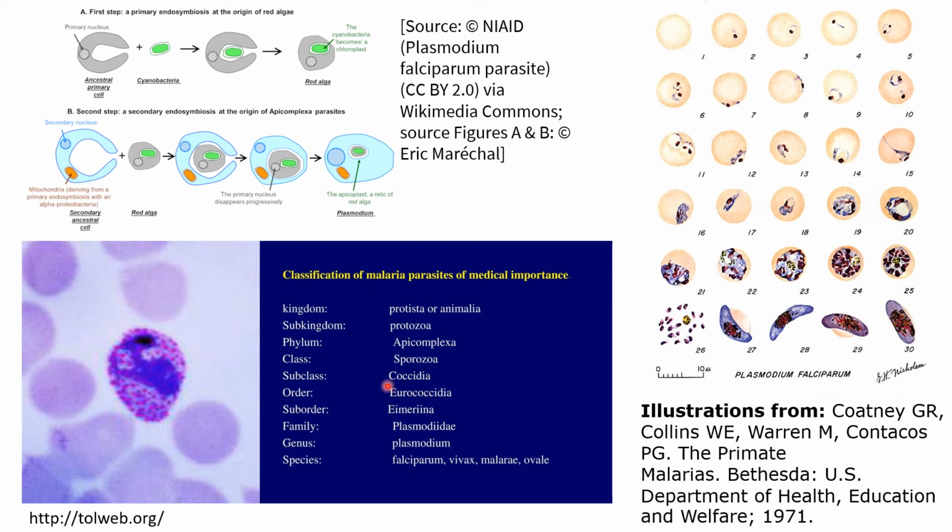Okay, so ano bang mga kailangan niyong malaman? So alam niyo na nagko-cause ng malaria itong Plasmodium. Okay? So take note also na hindi lang tao yung nagkakaroon ng malaria or na-infect ng Plasmodium. So pwede ding reptiles, birds, tsaka other mammals.